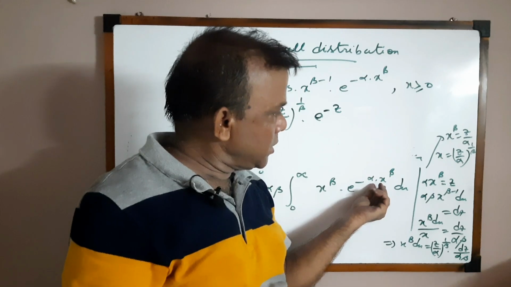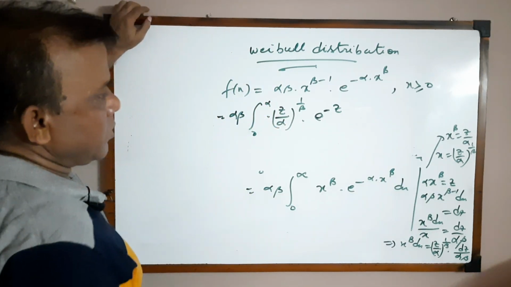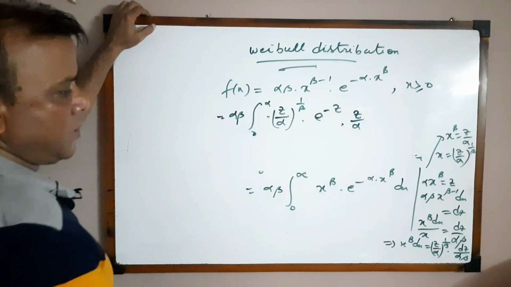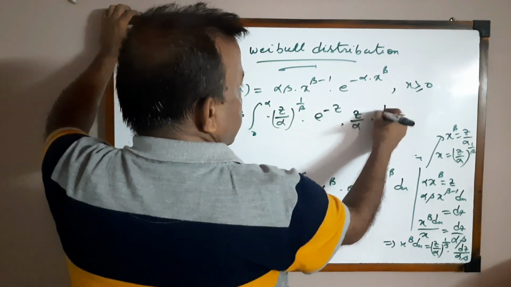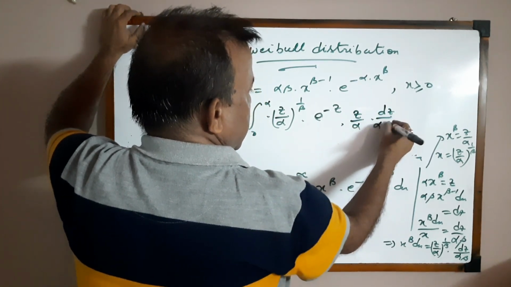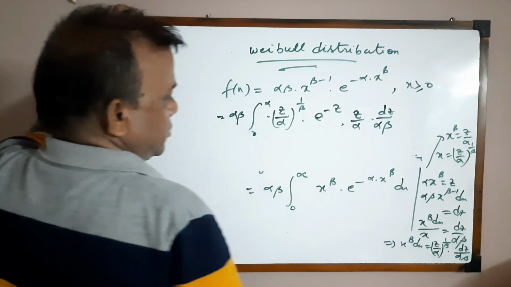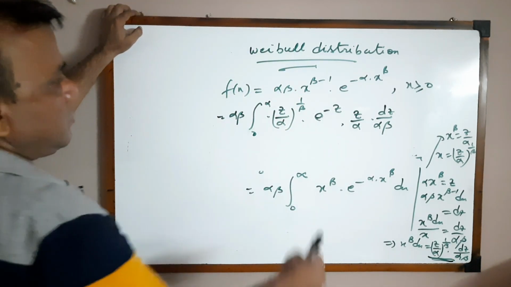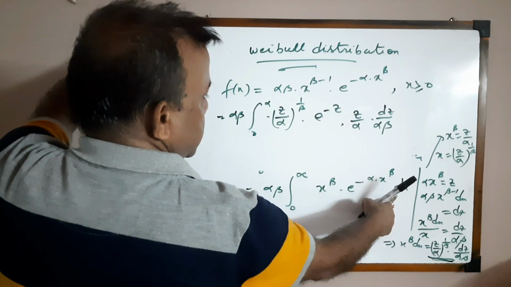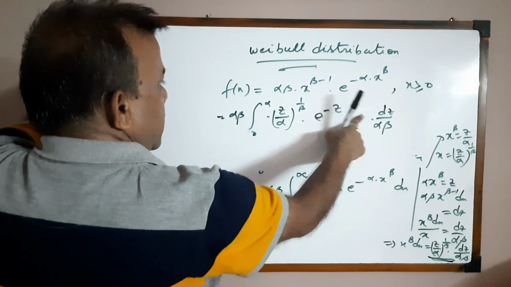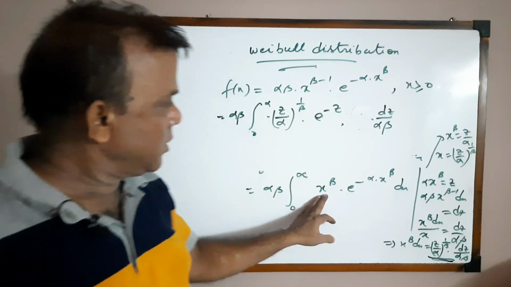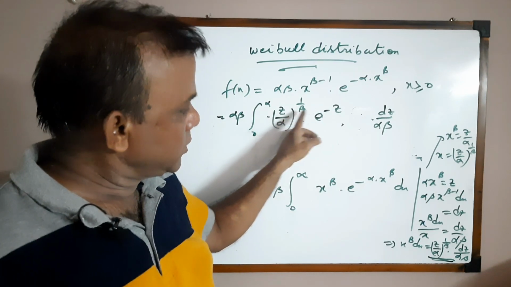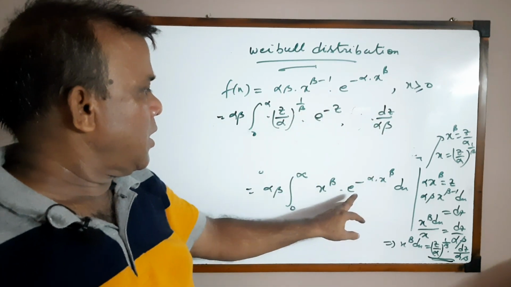So x to the power beta dx means z by alpha whole to the power 1 by beta into dz by alpha beta and e to the power minus z.